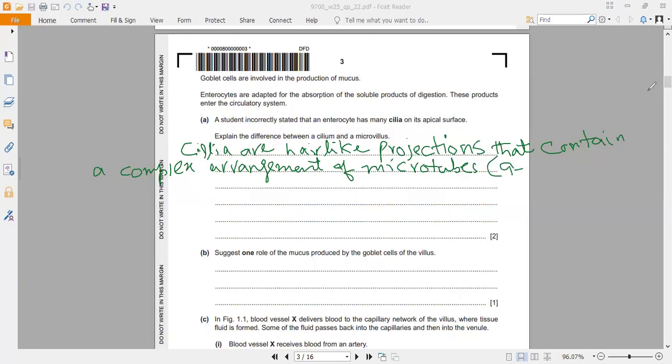As you had read in class, 9 plus 2 arrangement, and are capable of movement.